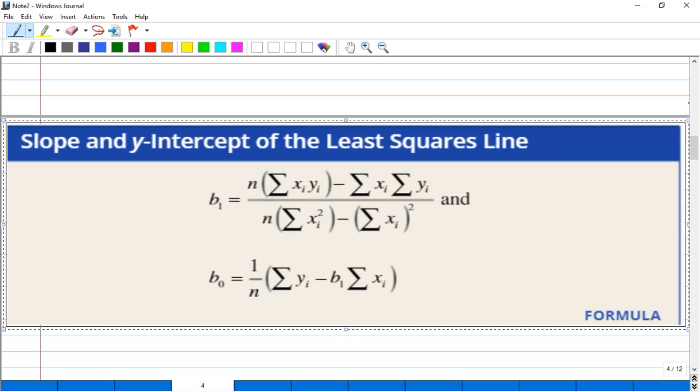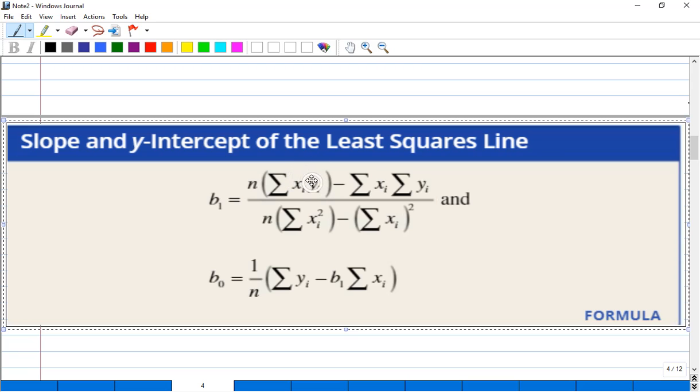So if we have a small set of data, we could use these to help us figure out that least squares line, to find the b sub 0 and b sub 1. Know that there are ways in calculators or in Excel to figure this out. We all know what an x is, and we all know what a y is.